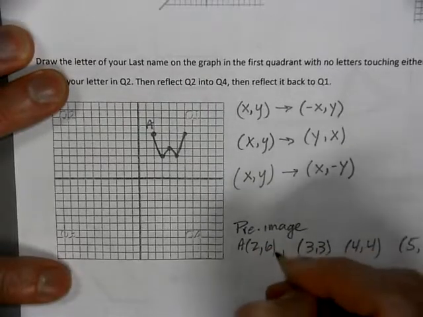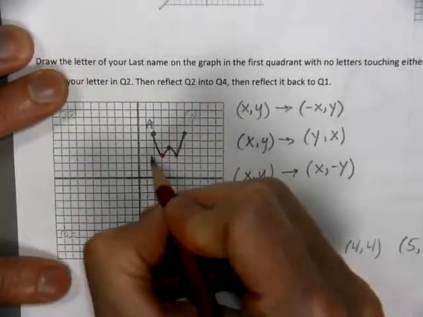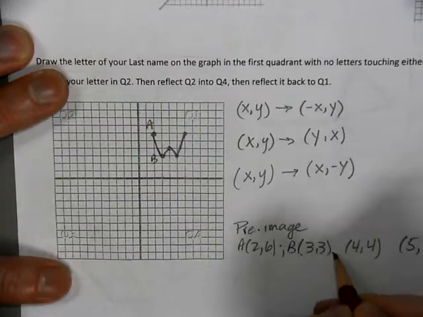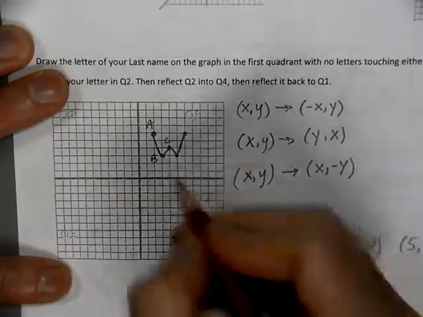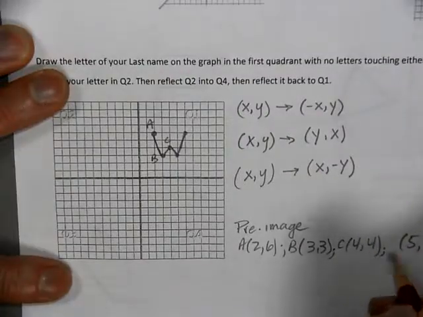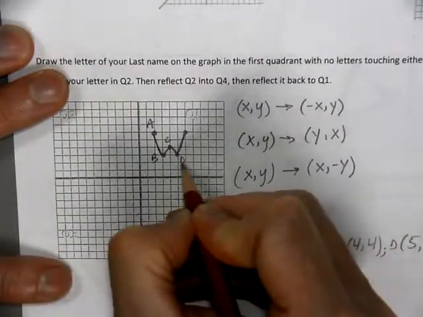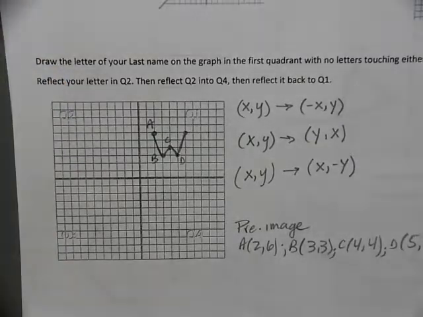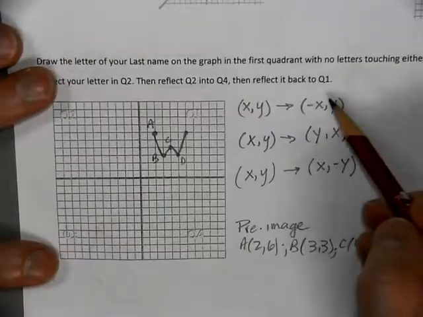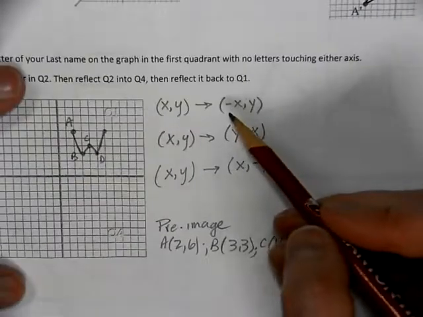So this was our A, this was our B, and our C, point D, and our point E. So we're going to follow the first rule here.